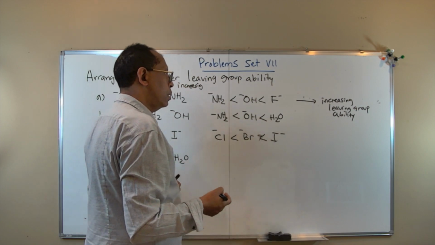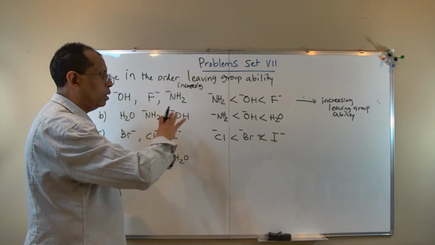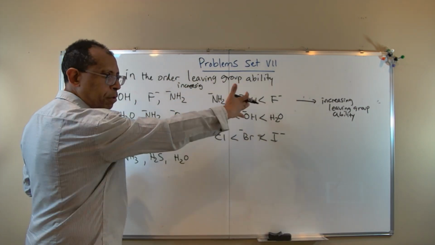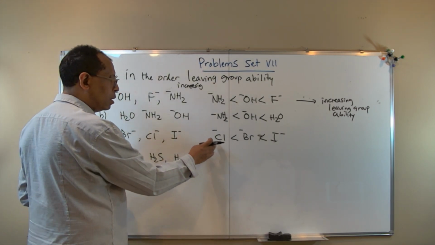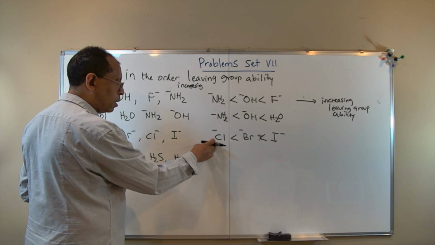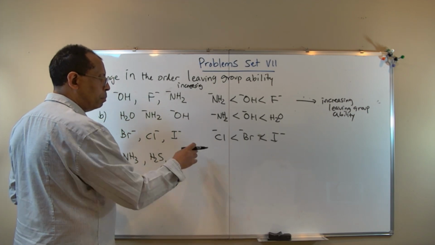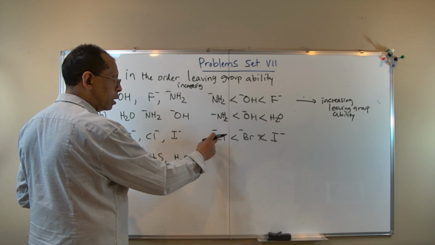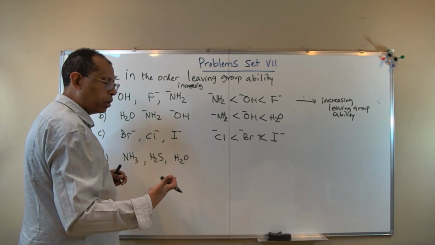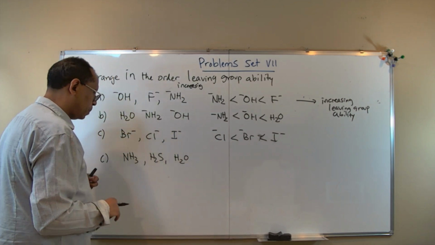So they are good in terms of their leaving group ability as you go from left to right. So chloride is not a good leaving group. That means it's more basic. Because HCl is the weakest acid, that means the chloride anion is the strongest conjugate base.